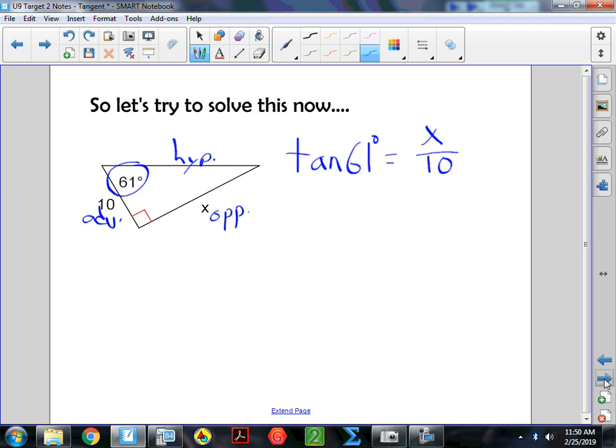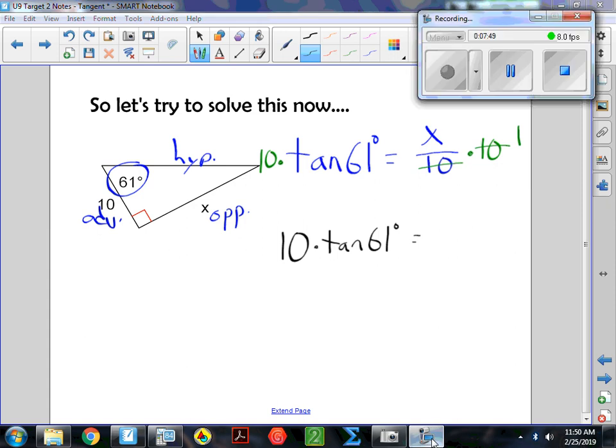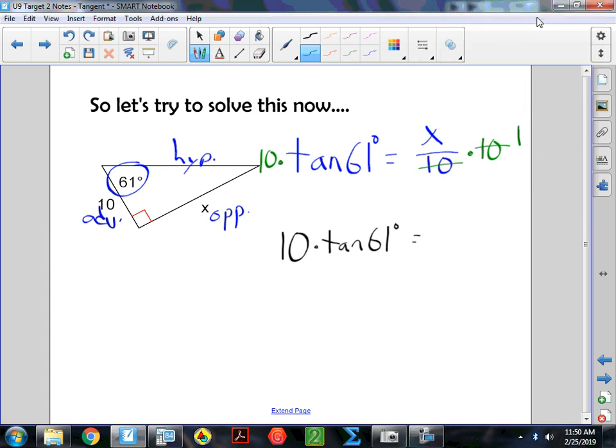We're going to multiply both sides by 10 because I'm already dividing by 10. So multiplying and dividing by 10 gives me a 1. So on the left side, I have 10 times tangent 61 degrees, and on the right side, I just have x.